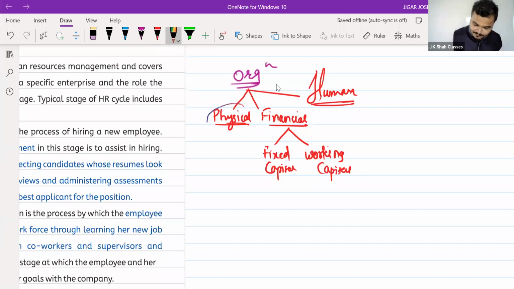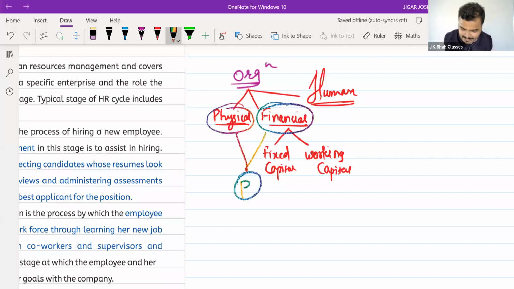Because, my dear child, physical and financial resources are both considered as a passive factor of production. Considered as what, my dear child? Sir, passive factor of production. It means what? Sir, material will not walk into the machine by itself. The machine will not start its production automatically. Sir, money will not go directly into the market and get spent.